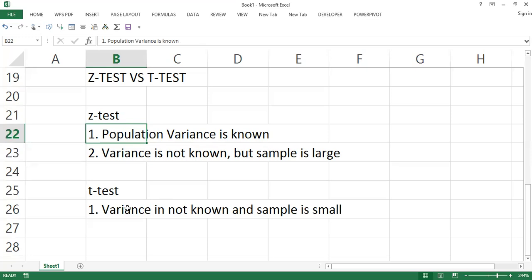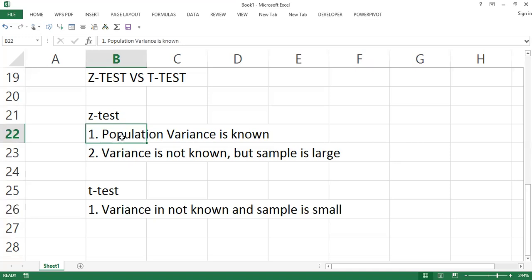Putting them side by side, when it's a small sample, most times people think about t-test. But if you want to use z-test, you have to ensure that the population variance is known.